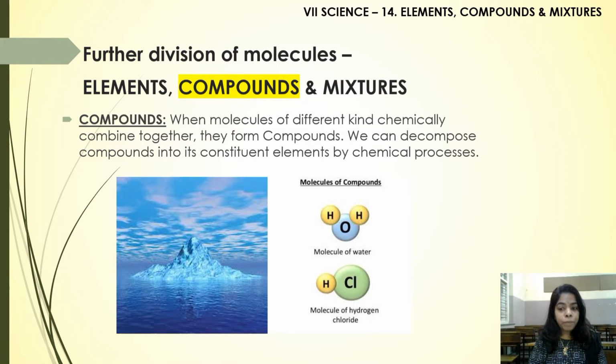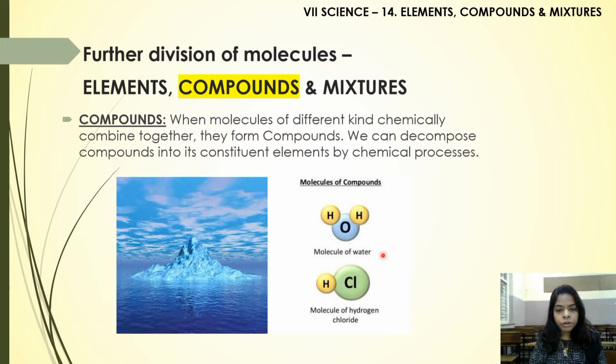Now let's see the compounds. What are compounds? When molecules of different kind chemically combine together, they form compounds. We can decompose compounds into its constituent elements by chemical processes. If we want to separate these molecules, then we have to use chemical processes. You cannot easily separate them.